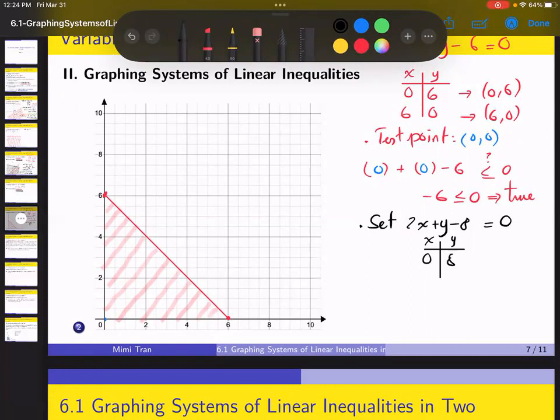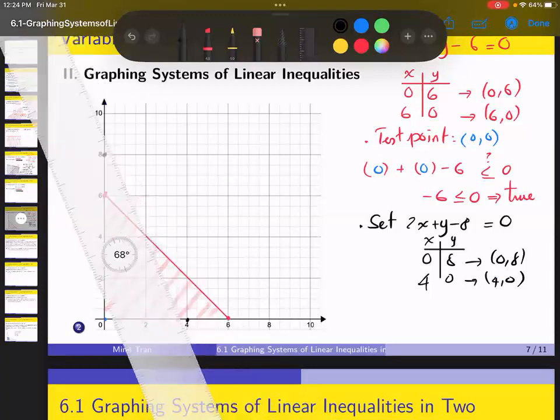If I let y equal 0, 8 divided by 2 is 4. Everybody okay with this part? Kind of the arithmetic. 0, 8, and 4, 0. Solid line again.